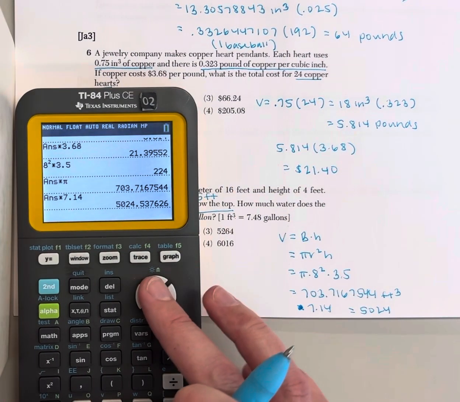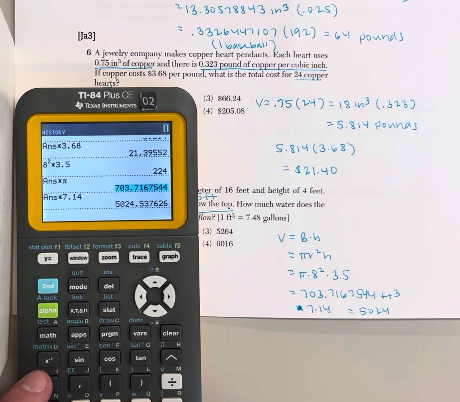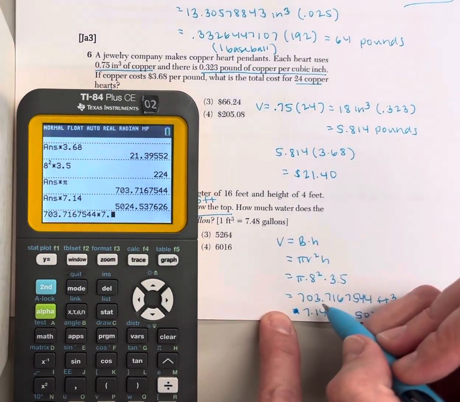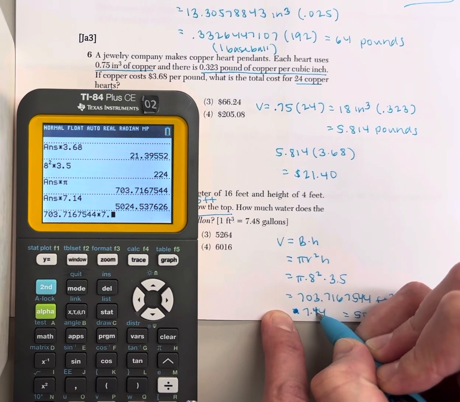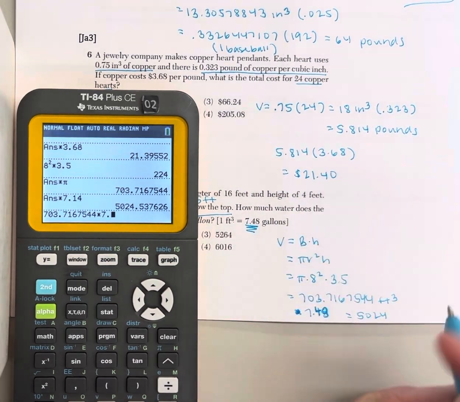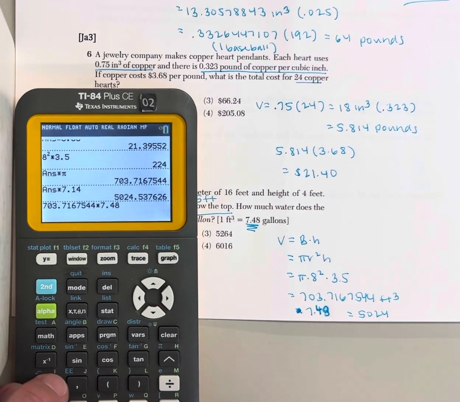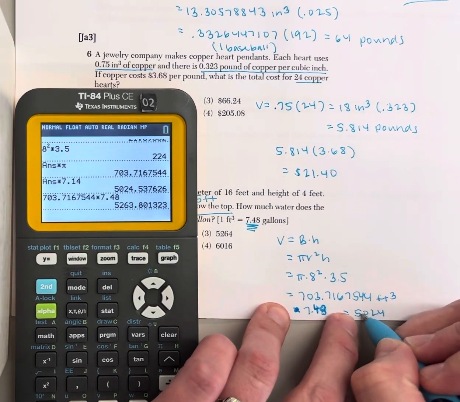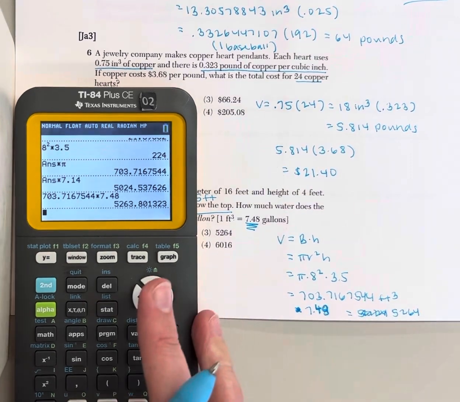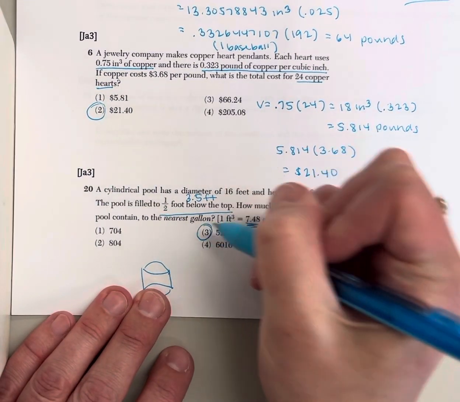Oh, I typed the wrong thing into my calculator. 7.14. Where did I get that number? 7.48. I just copied this wrong. 5,265.3, which is 5,265 if you round. That's option 3.